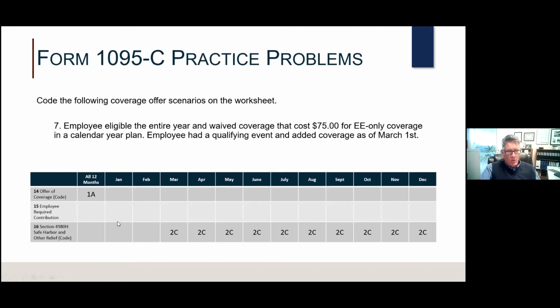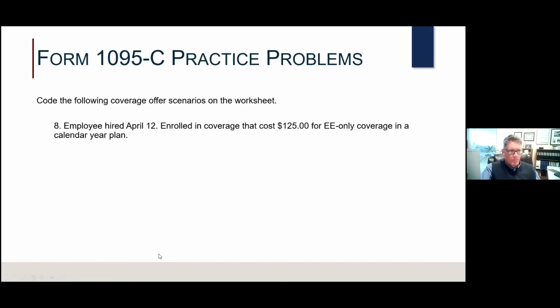There's no data required here. It shouldn't be here, but the employee is enrolled, and so now we're voluntarily putting in the code 2C for the month that the employee is enrolled. Any questions about why January and February would be blank? Okay, moving on.